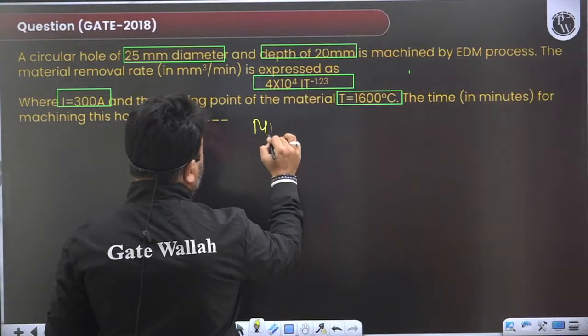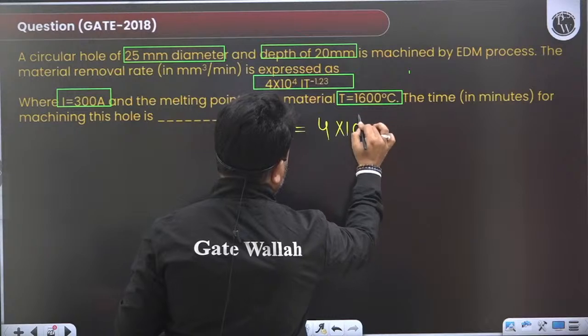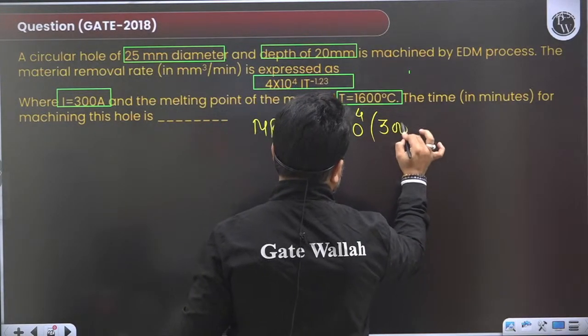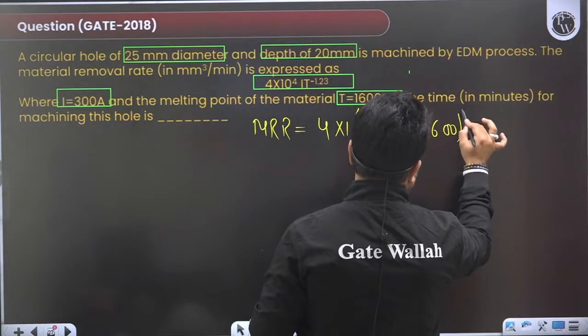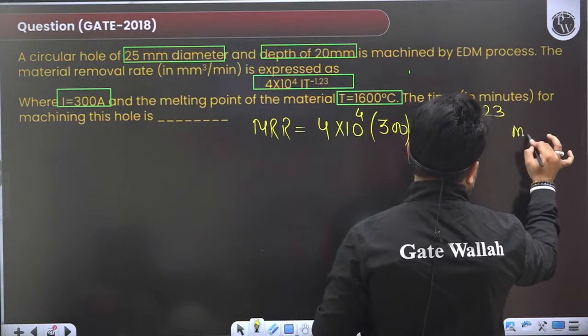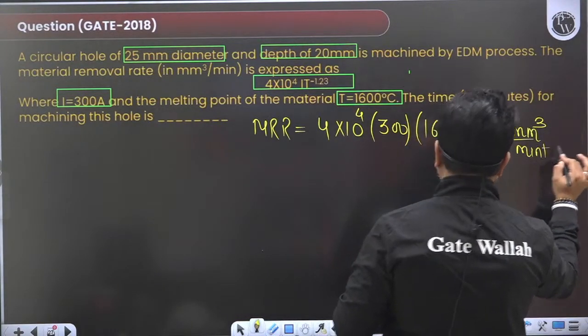So here the material removal rate is 4 into 10 to the power 4, current is 300, into T, that is 1600 to the power minus 1.23 mm³ per minute.